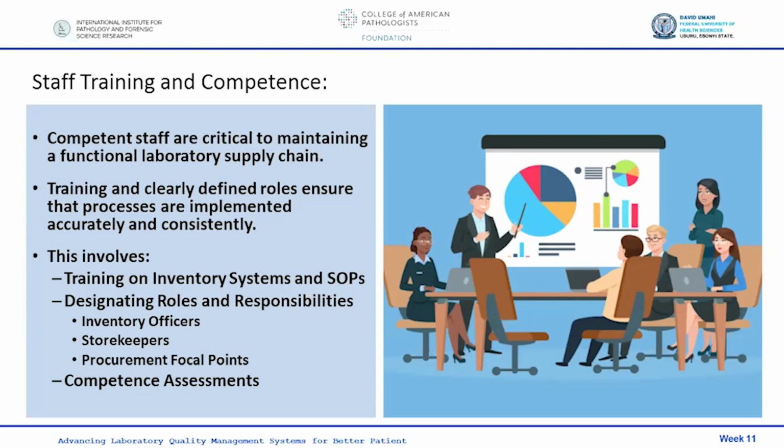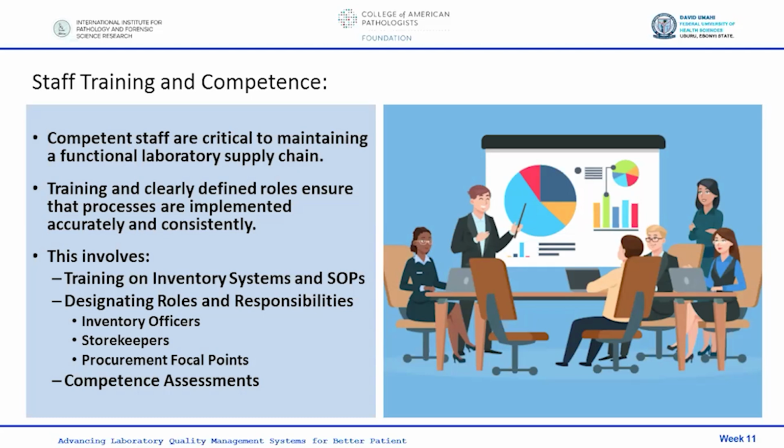Then another role is the role of a storekeeper. The storekeeper manages physical stock handling and ensures correct labeling and placement. He also maintains the inventory logs, whether digitally or manually.